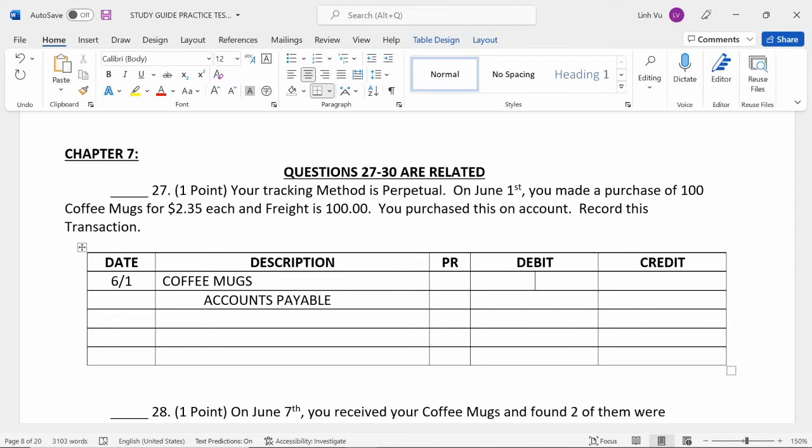So it would be a total of 335. Correct, right? Because in this case, I'm going to find the price of my inventory, which is 2.35 times 100 gives you 235. And then I have to add my freight in there because everything's going to go into my inventory. So therefore, it should be 335. Good.